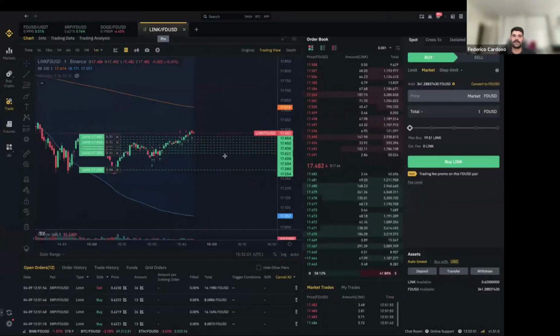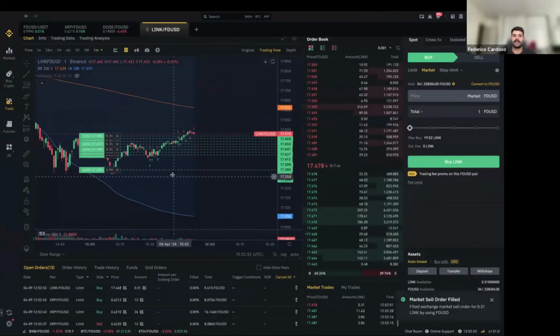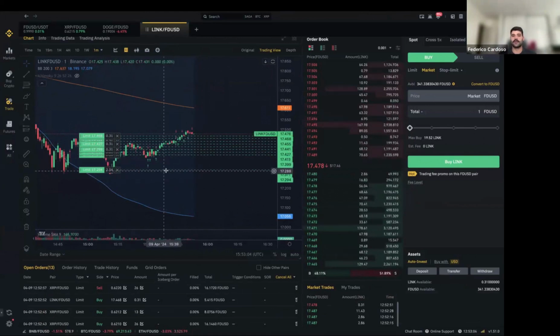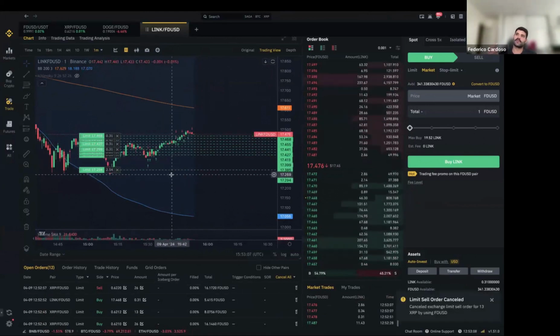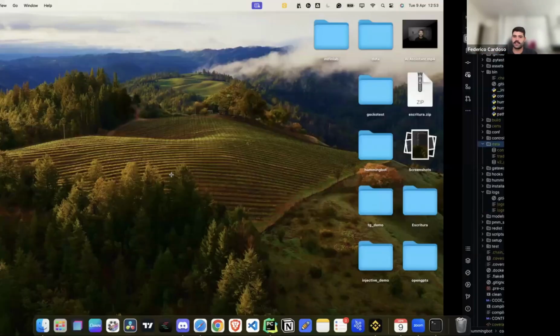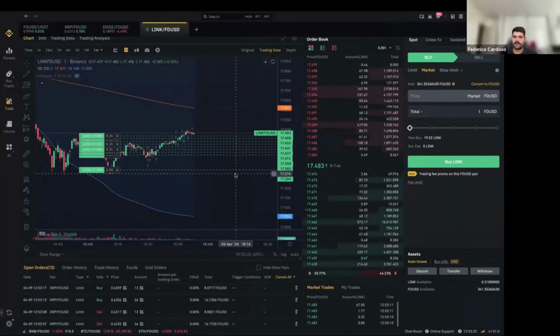As you can see here, we have an order of 0.31, and here we have orders of 2.54. So this order is the second order of the first DCA, so we have compounded multiple DCAs as a market maker. And the idea of this is that, if you can see it here, where is the position builder?